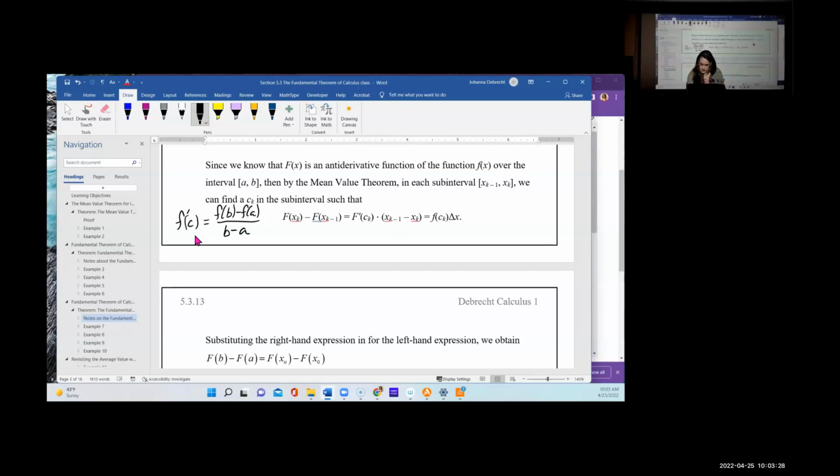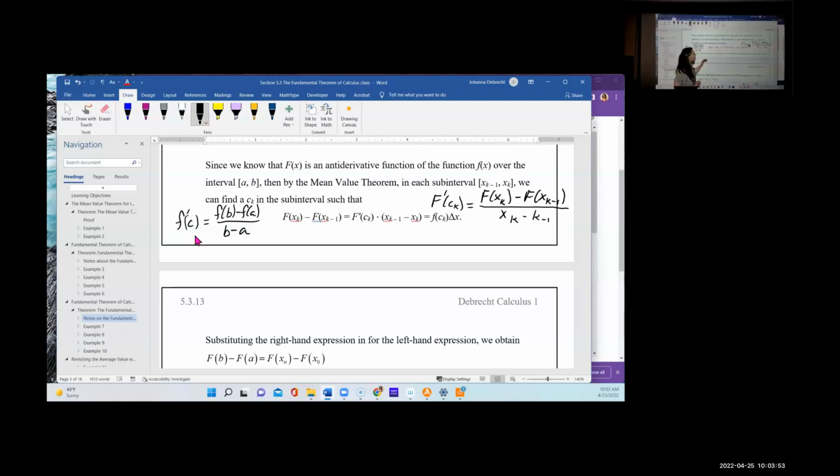So we're actually taking f of x sub k minus f of x sub k minus 1, and we're dividing this by x sub k minus x sub k minus 1, and this has to be equal to the slope of the tangent line at that point.